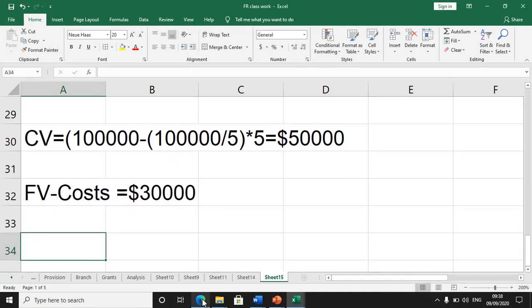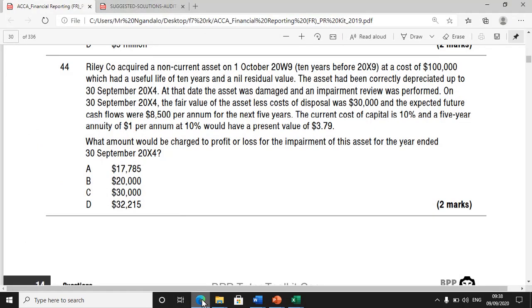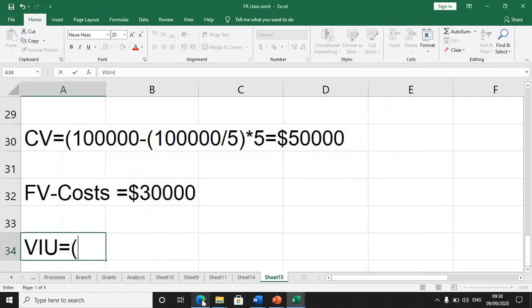And then finally we have got value in use, which will be equal to, open brackets, you have got the figure there, 85. It's not supposed to be 85,000, it's supposed to be 85.